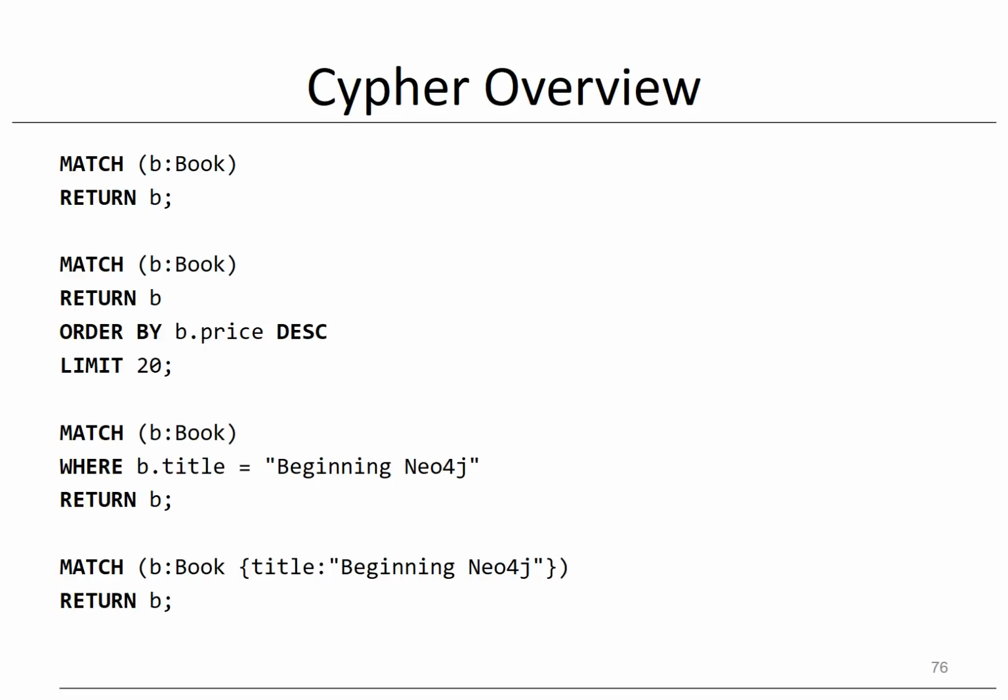Let's look at some examples of Cypher queries. The first query returns all information about books. The second query sorts the books by descending price and returns the first 20.